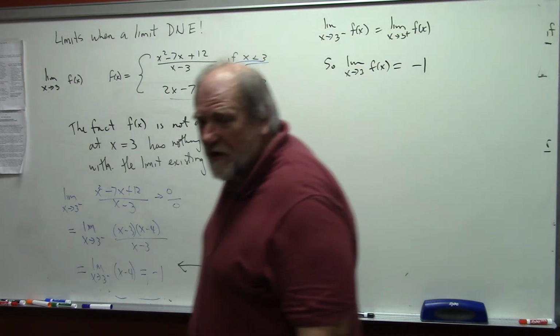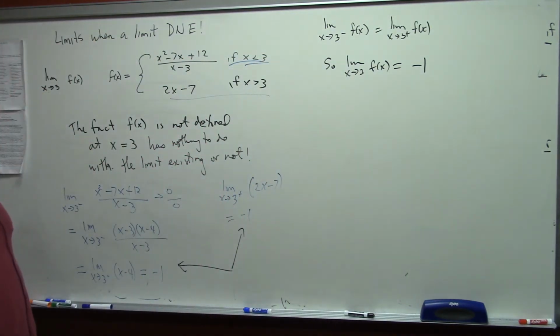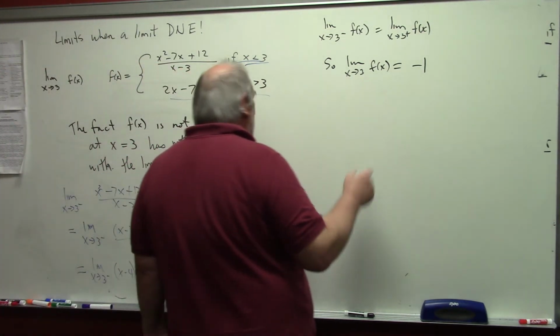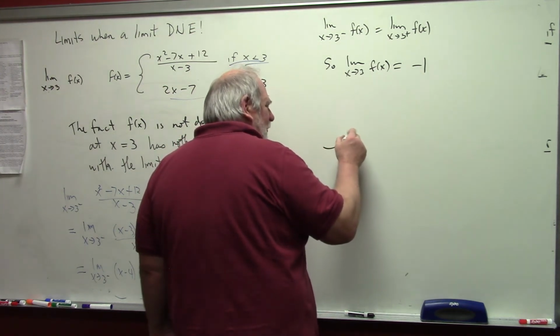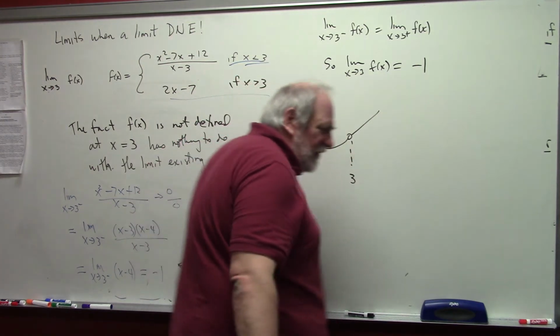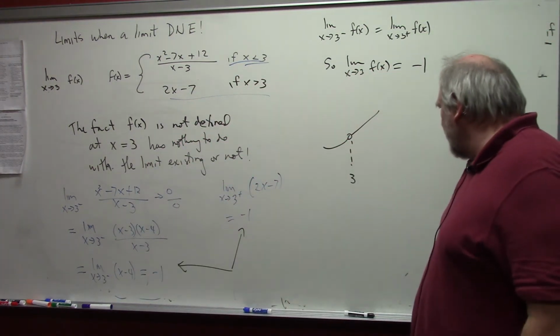Even though the functional value is not defined, basically what happens in this particular situation is the two pieces kind of line up. There's a hole, but basically, and I'm not going to try and draw the graph, but basically you have this kind of situation at x equals 3. One function kind of ends the same place the other function begins.